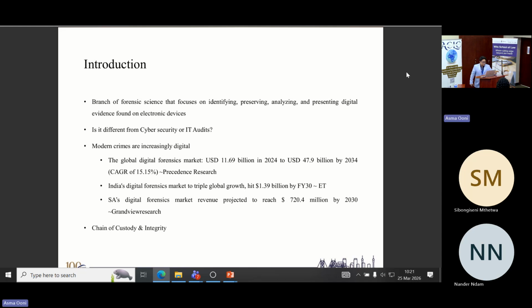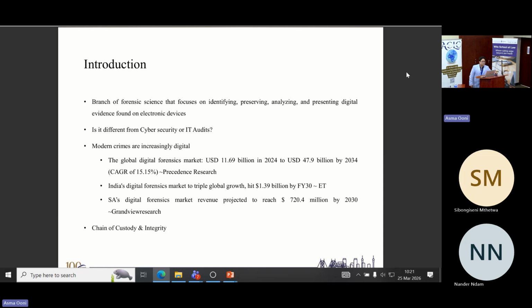Now if you look into modern crime, especially because we have shifted to digital form, the digital forensic market in 2024 amounts to about 11.69 billion USD, and it is going to grow to 47.9 billion by 2034, with a compound annual growth rate of 15.15%. This is from Precedence Research.